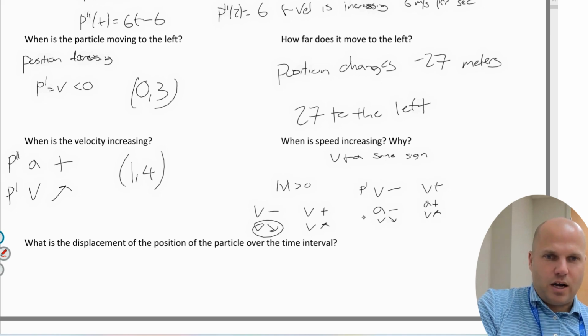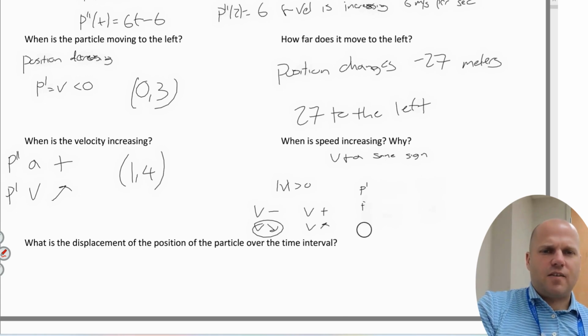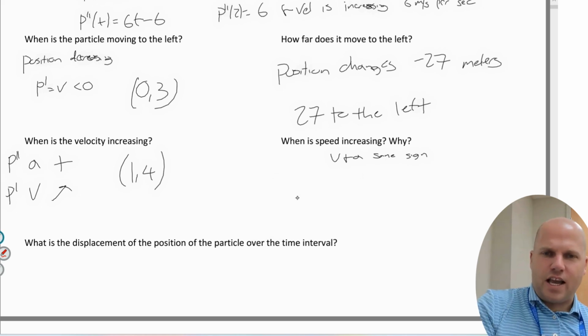And again, this is P prime, and P prime tells us about P double prime. Hope we understand this. I do like saying your velocity values are getting further away from zero, which is when your velocities are negative and decreasing, and when your velocity is positive and increasing.